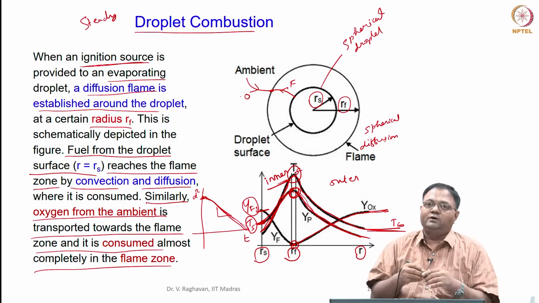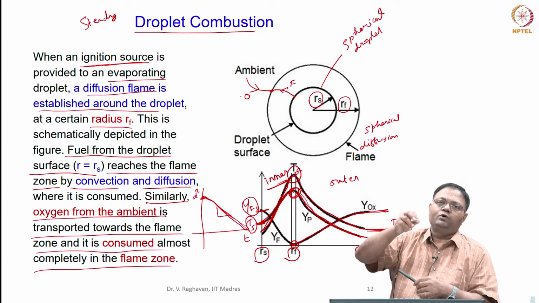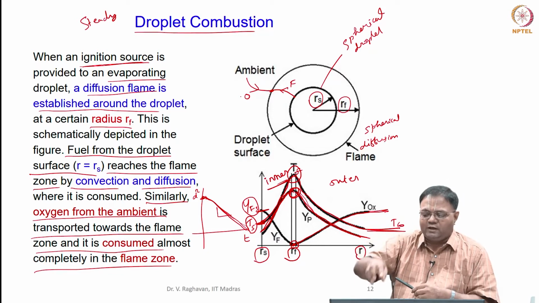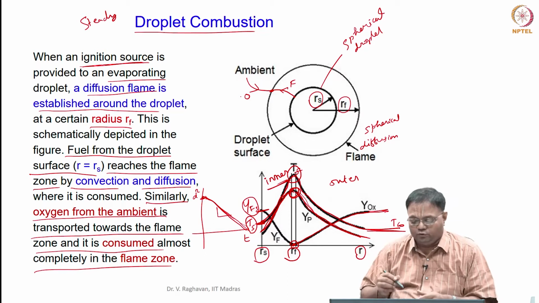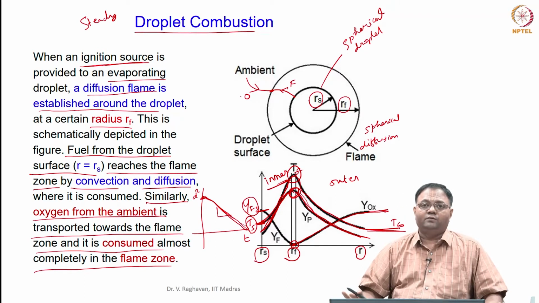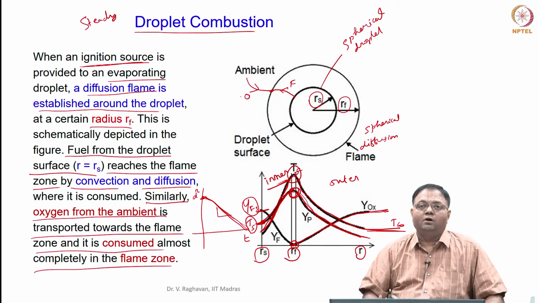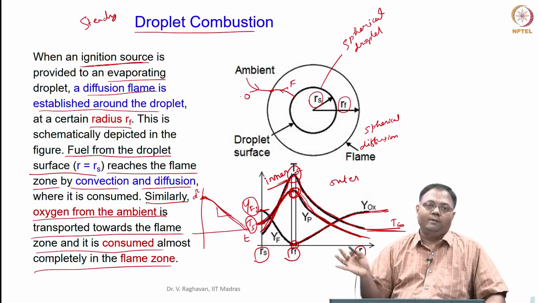First the droplet diameter will shrink to zero; that is the lifetime. Then whatever fuel is left over, the flame radius, which is higher than the droplet radius, will reduce to zero. Everything happens at steady state. At any particular diameter, the rate at which it burns will be the same at all diameters.